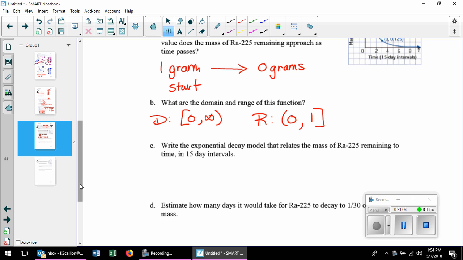So we would have 1/2 as my base number. And what else do I need on there? I need an x. And that's going to equal the mass remaining.